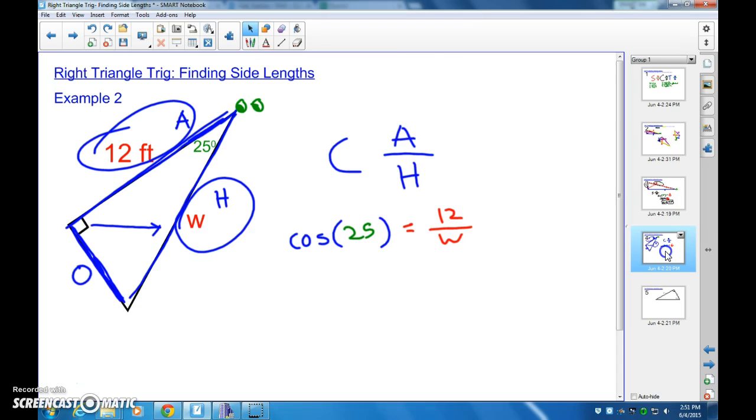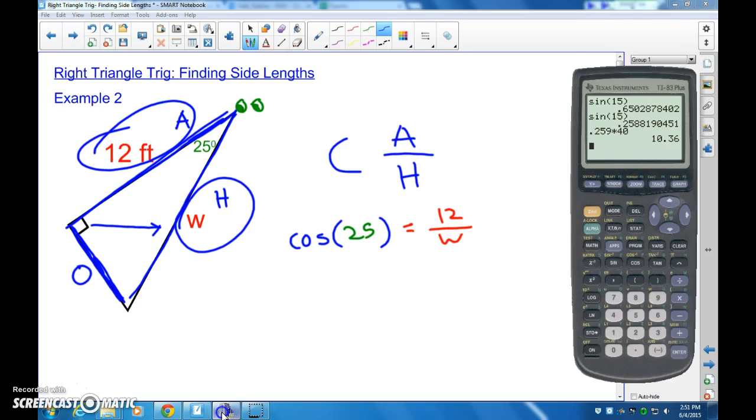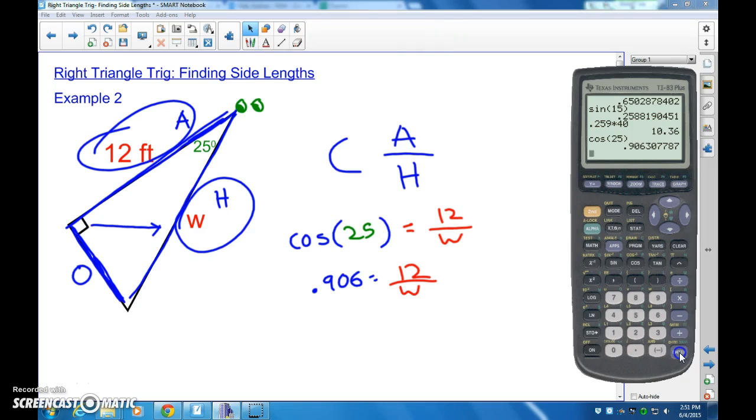Now we're going to solve this using calculator again. I know I'm in degree mode, so I can do cosine of 25. I get 0.906 equals 12 over w. Again, think of this as over 1. We're going to cross multiply and solve.